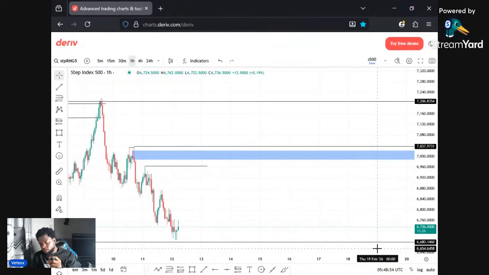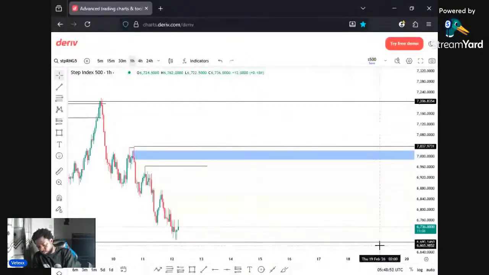We are anticipating a sell on V15S, V30S, V100S. Which other pair? Okay, Step 500. So currently we're anticipating a buy on V100S, Step 500, V30S, V15S.